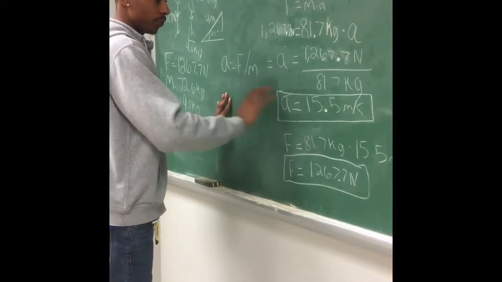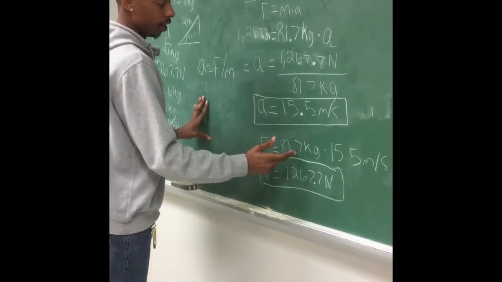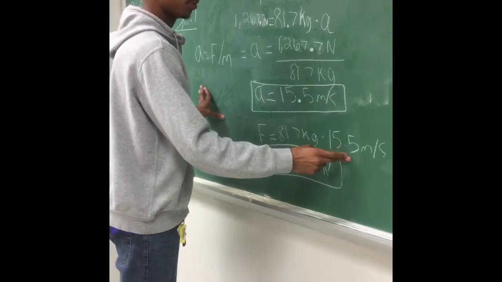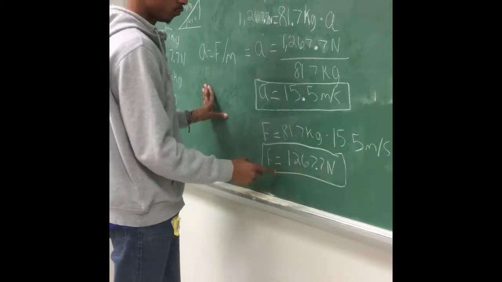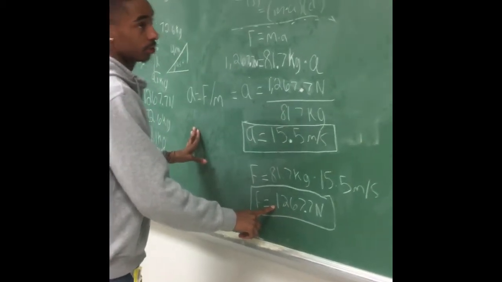Once we find our acceleration, we can now calculate the entire force, which would be 81.7 kilograms times 15.5 meters per second, which would give you a full force of 1,267.7 newtons.